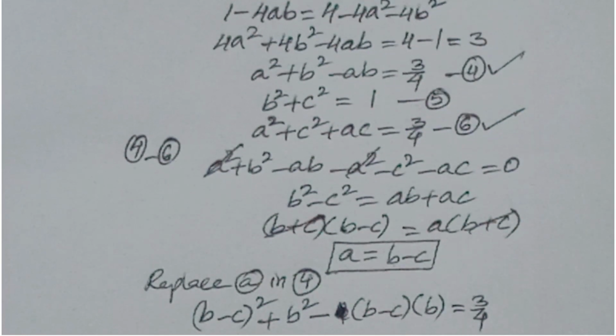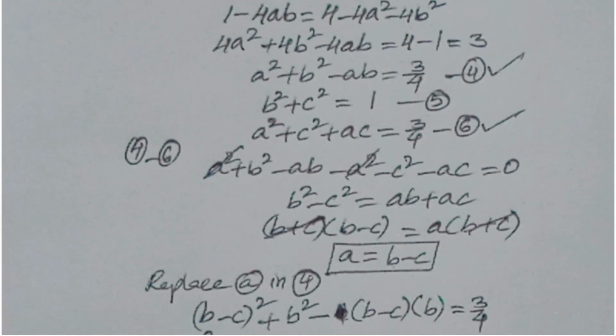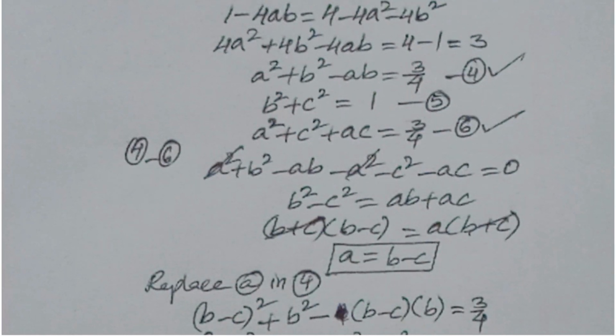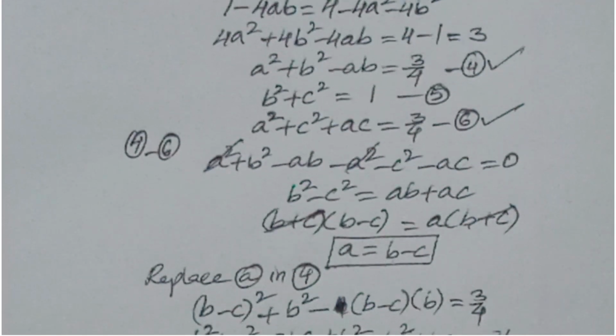So if you expand, b square plus c square minus 2bc plus b square minus b square plus bc is 3 by 4.